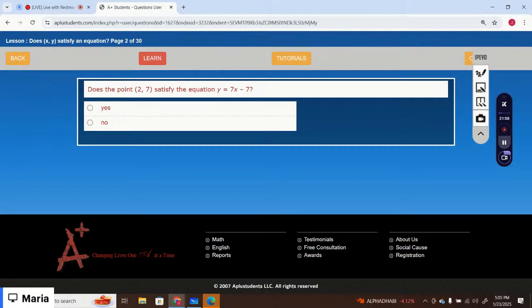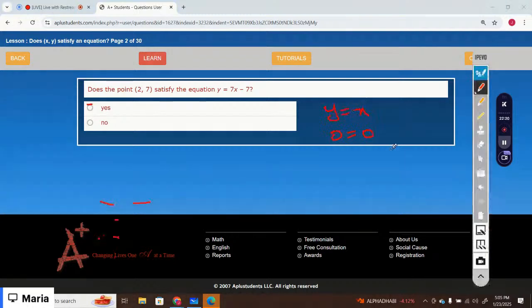Does the point (2, 7) satisfy the equation y equals 7x minus 7? y equals 7x minus 7. x is 2, y is 7. 7 equals 7 times 2 minus 7. 7 equals 14 minus 7, so 7 is equal to 7.